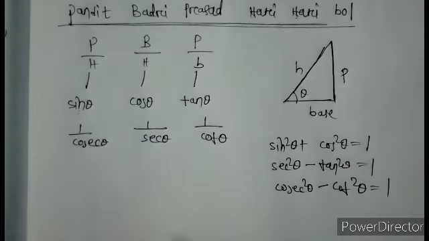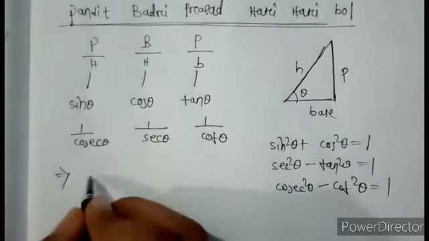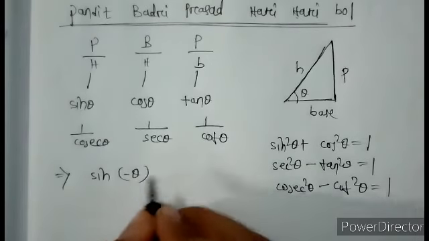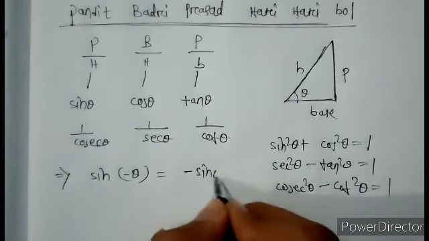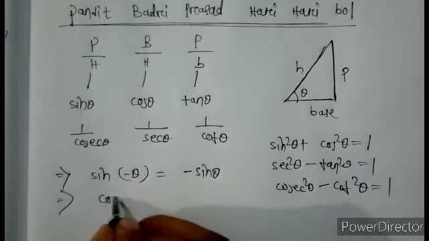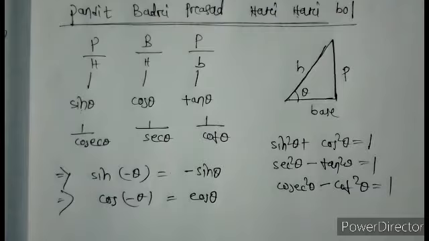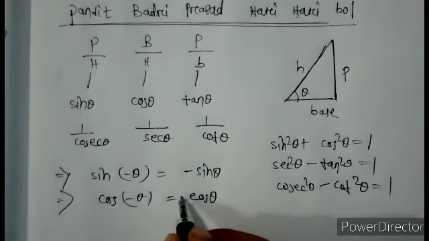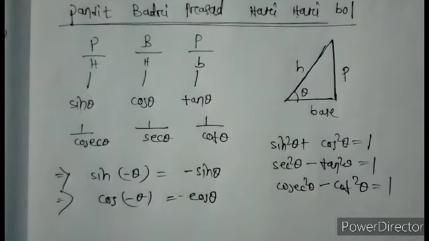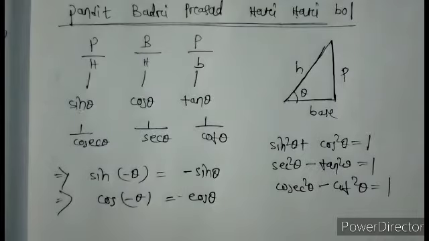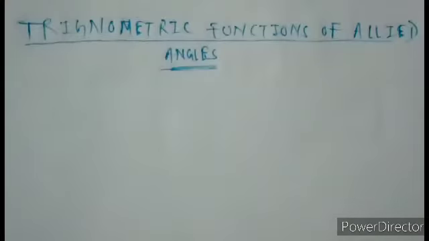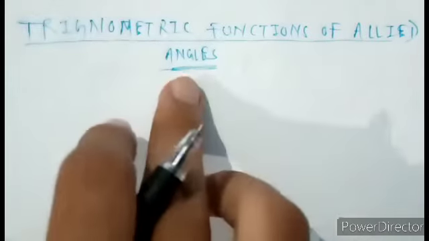And also we know that sin of minus theta is equal to minus sin theta, and cos of minus theta is equal to cos theta. Sorry, the cos of minus theta value is only cos theta.